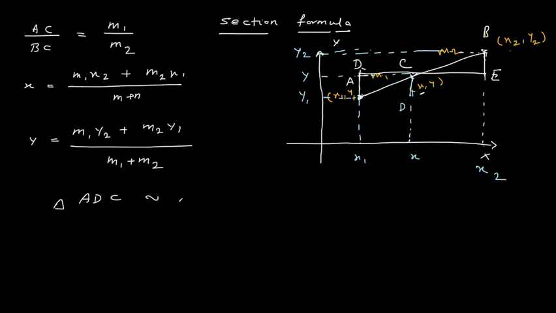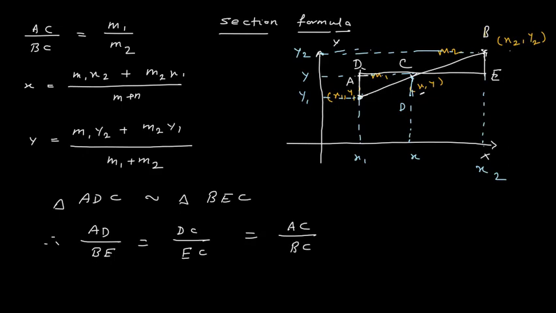As these two triangles are similar, I can say that AD upon BE is equal to DC upon AC, and this is equal to AC upon BC. And this AC upon BC, we know, is m1 upon m2.